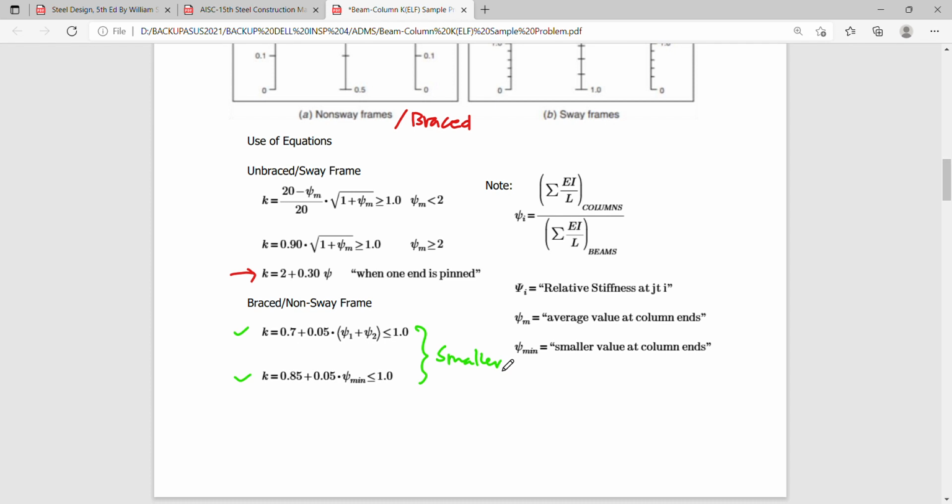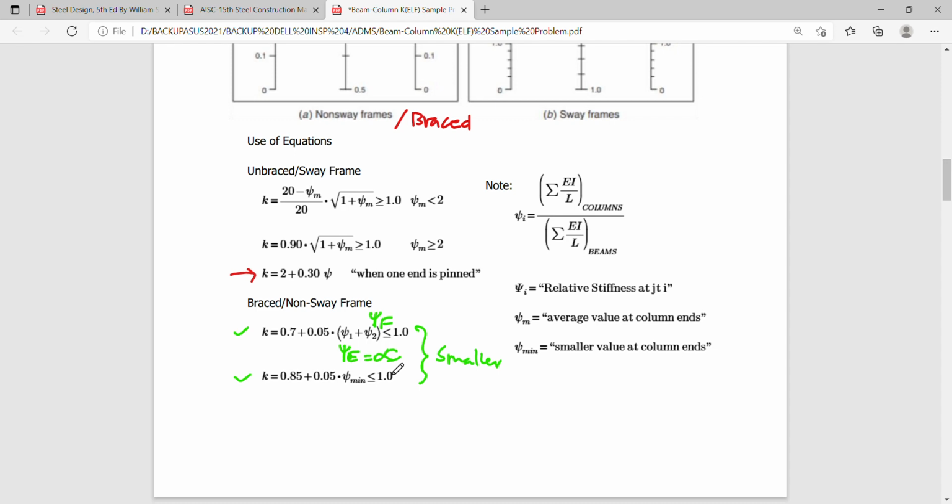Okay, so since psi 1 is my psi E and psi 2 is my psi F, then psi E is infinity, and since this cannot exceed 1.0, this formula fails in this particular situation.